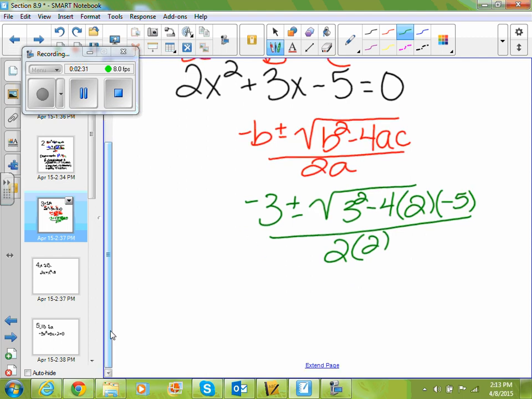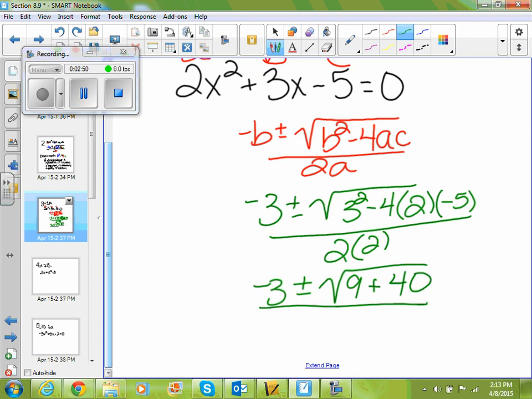Okay, now that we have everything plugged in, we get to start simplifying. Okay, what's 3 squared? 9. What's negative 4 times 2 times negative 5? Positive 40. Okay, and 2 times 2 is 4.